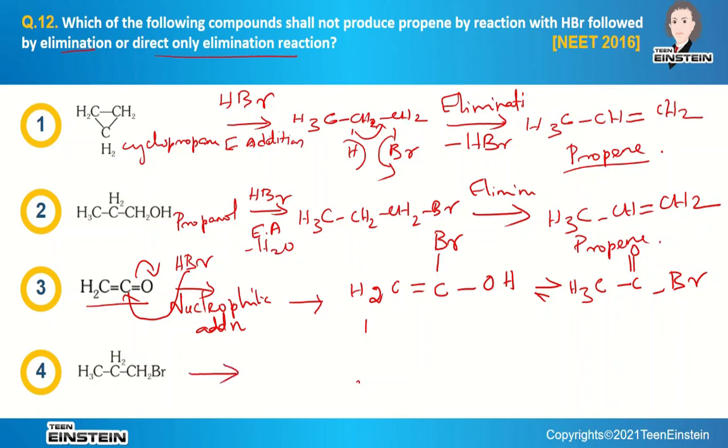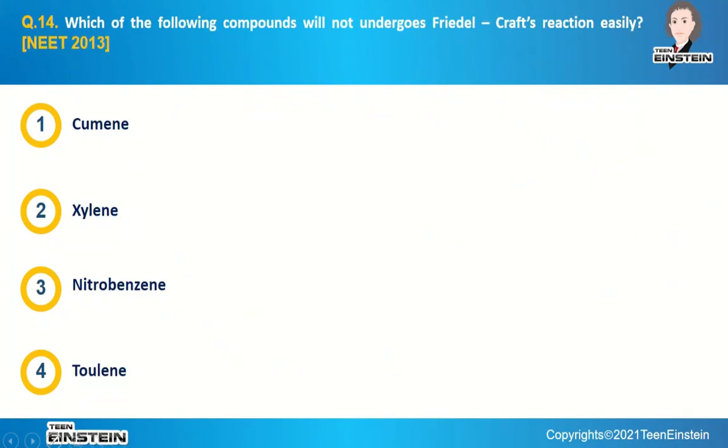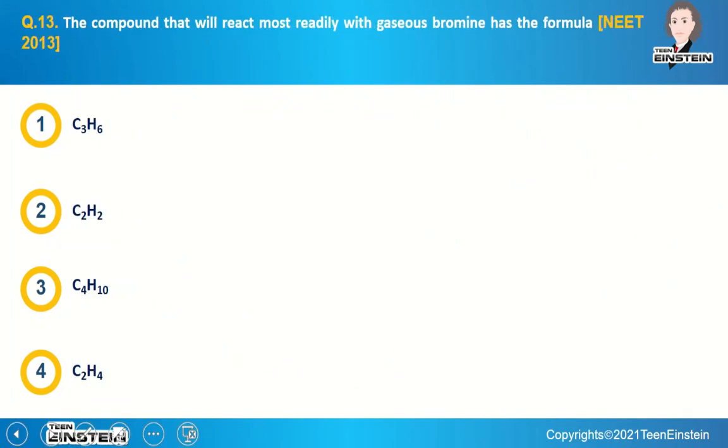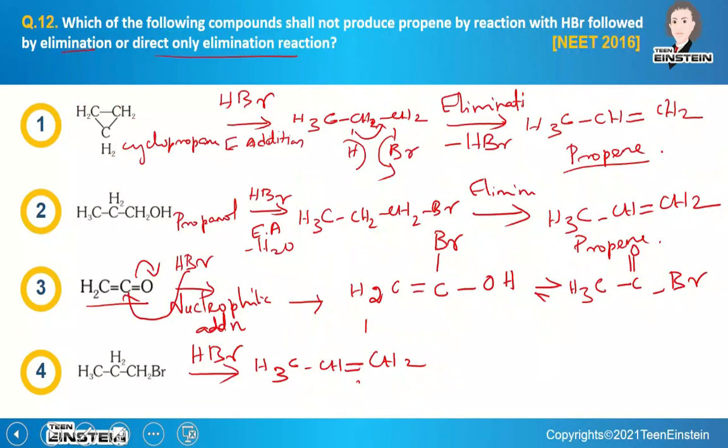So it undergoes reaction with hydrogen bromide. So it directly gives CH3 CH double bond CH2, that is propene compound.